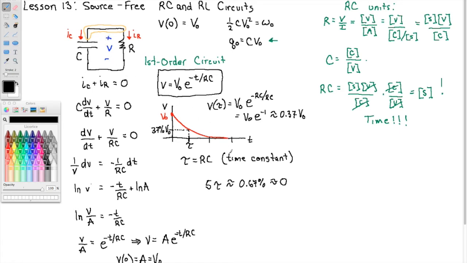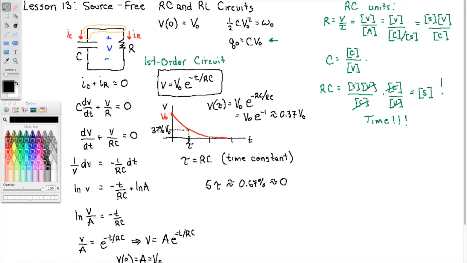Why this is important is because this is no longer a DC circuit. A DC circuit is one whose voltage does not change, or current does not change. But the voltage is changing, right? This is not a DC circuit until 5 time constants has elapsed, when we say the voltage is approximately 0.